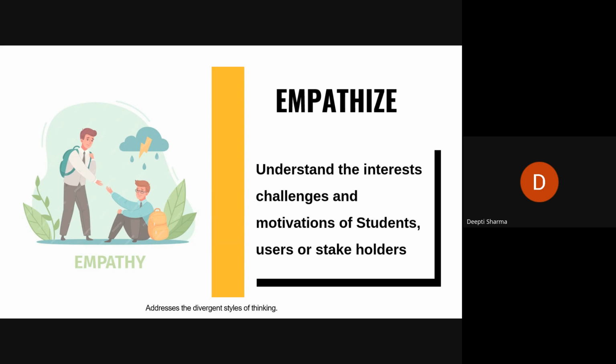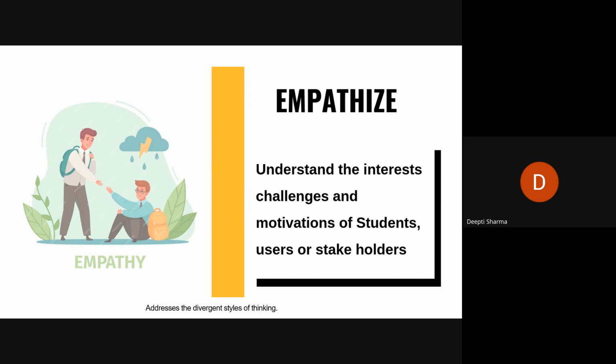Now, if we understand the interest of each and every stakeholder, considering their challenges and understanding the motivation of students also, then we will closely look at the empathize phase of design thinking, right?